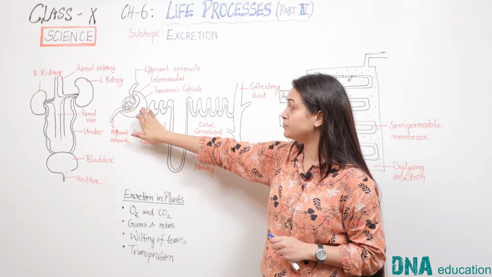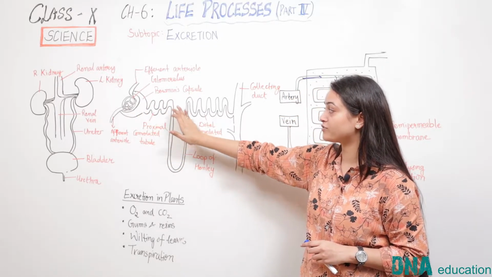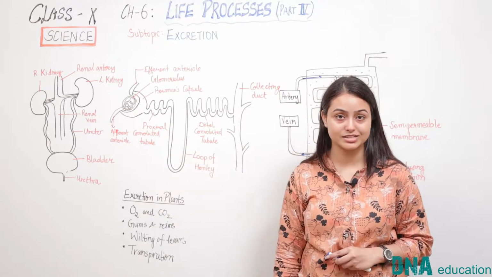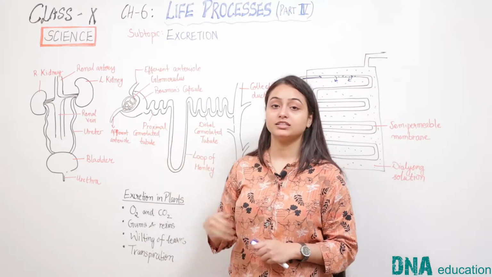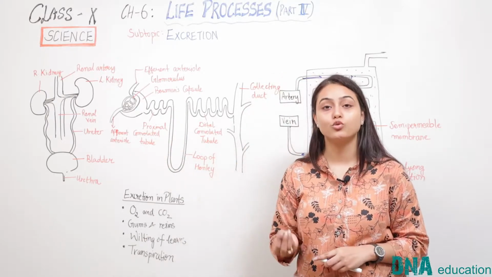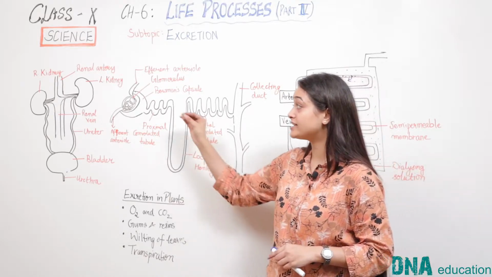Now the filtered components pass through the tubular part of the nephron called the proximal convoluted tubule, that is PCT. Here, the reabsorption of various useful substances such as glucose, amino acids, some important salts and excess water takes place.